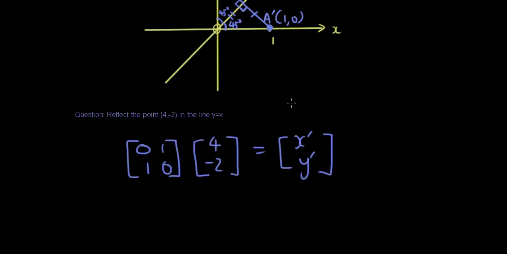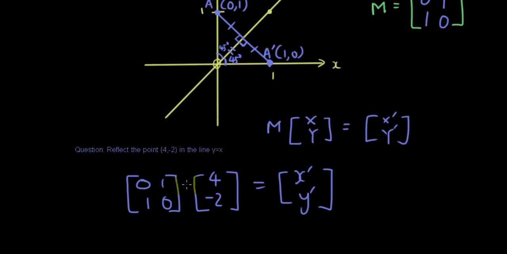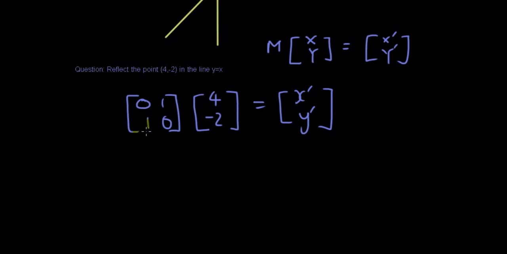Okay, in case you've forgotten the original equation for matrix transformations, it's the transformation matrix times the original point will give us the image. So M is our transformation matrix 0, 1, 1, 0. So multiplying M by the original point, let's write it all out.